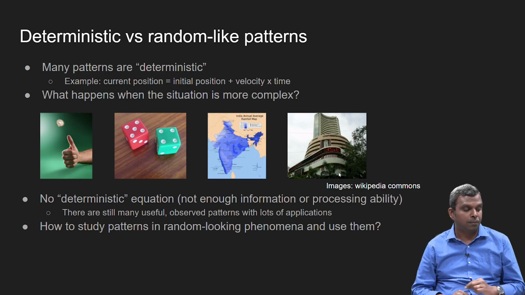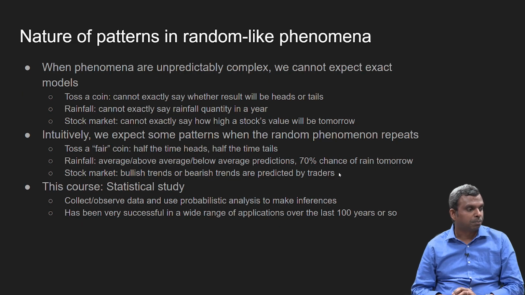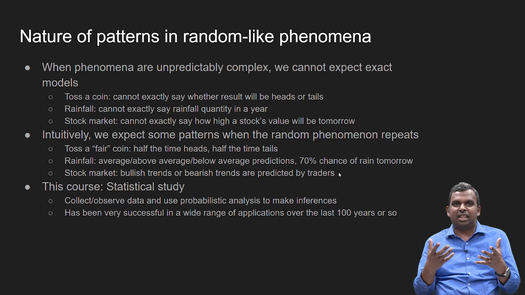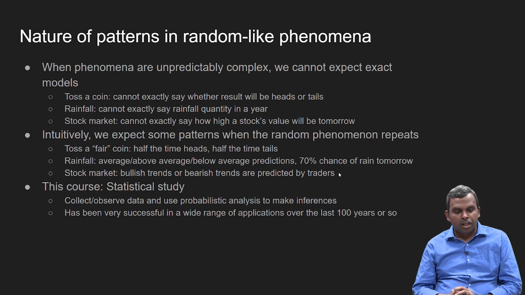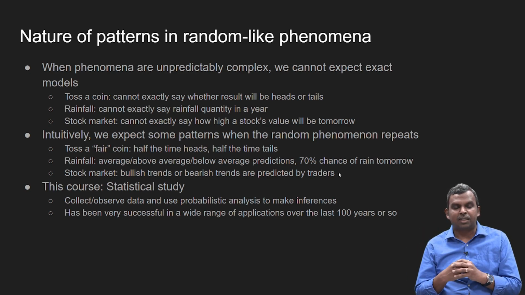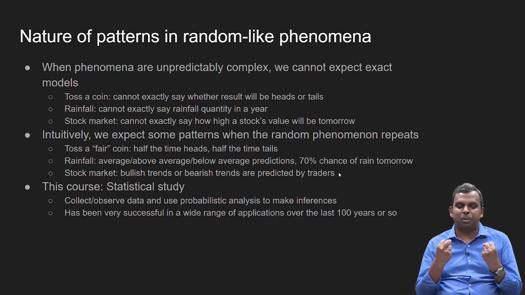Okay, so in particular, we will be doing what is called statistical study of what looks like patterns in random-like phenomena. Okay, so I was talking about this even in the previous slide, so let me not spend too much time on this one. When a phenomenon is very complex, it looks like we cannot have exact simple models.